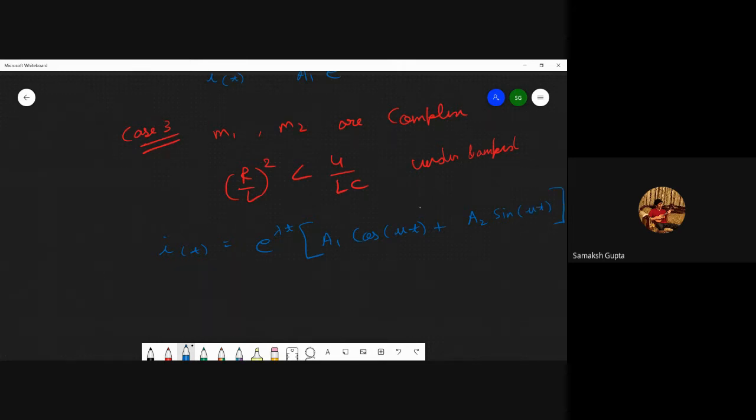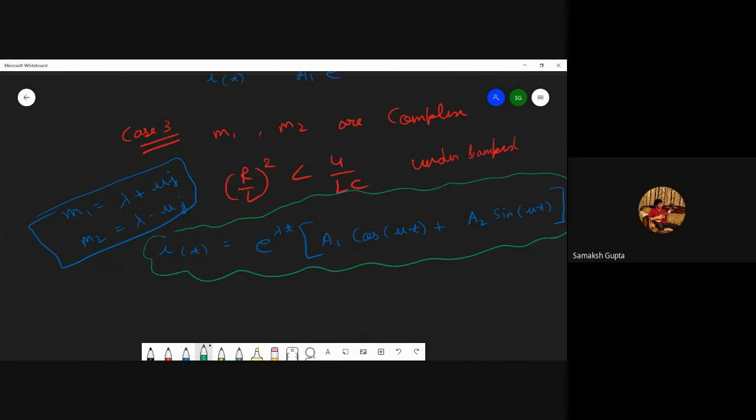Okay, and this lambda and mu is nothing but your m1, say, equals lambda plus mu j, and m2 equals lambda minus mu j. So this is the solution that you'll get in case of an underdamped system.